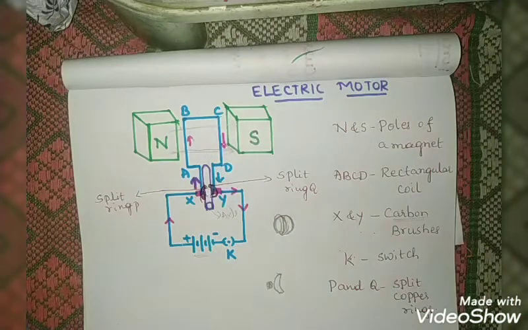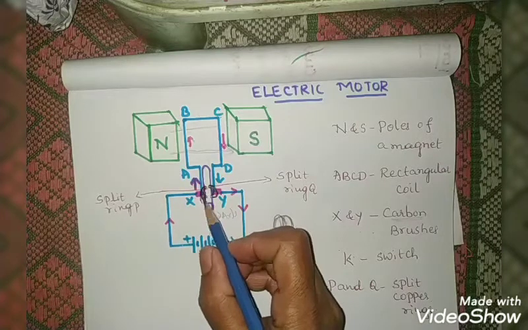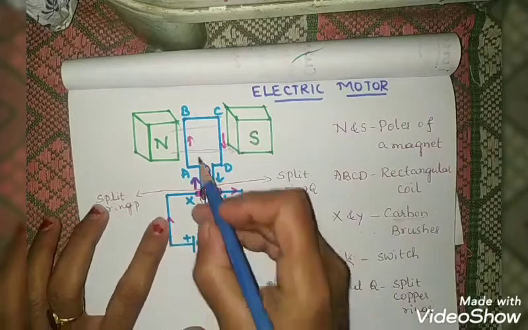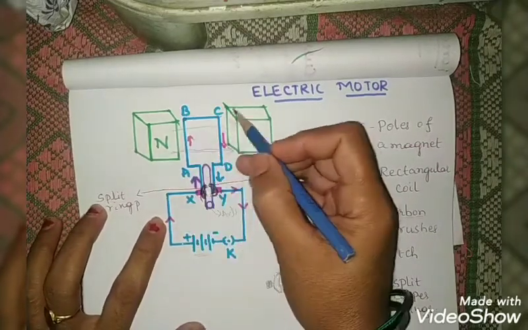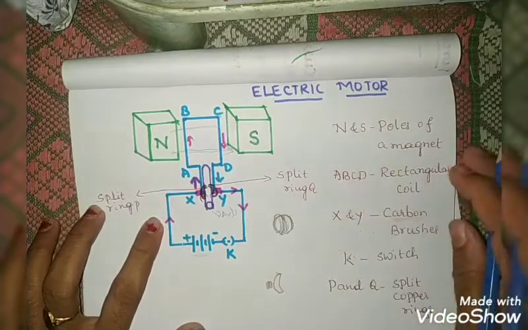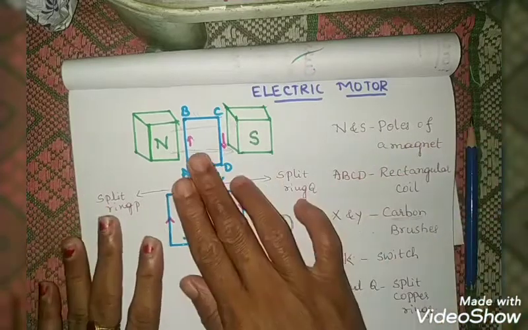We can understand that by knowing the direction in which the current flows. Observe here, the current is flowing in this direction A to B, I told, and in this arm C to D. As and when current flows, half rotation it can make, children.